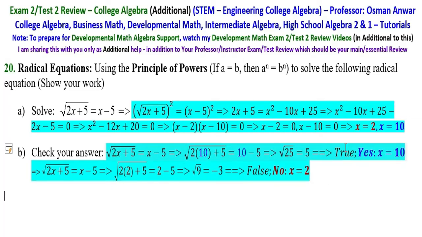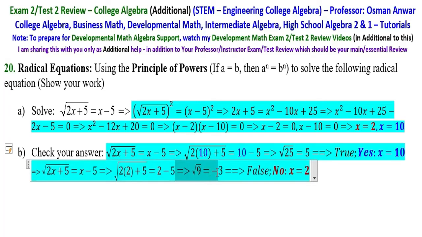Then try the 2. Then square root of 2x plus 5 equals x minus 5. That is square root of 2 times 2 plus 5 equals 2 minus 5. That is square root of 9 equals minus 3.